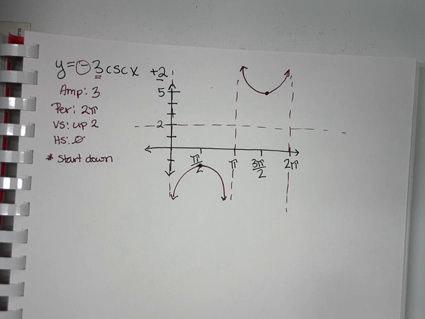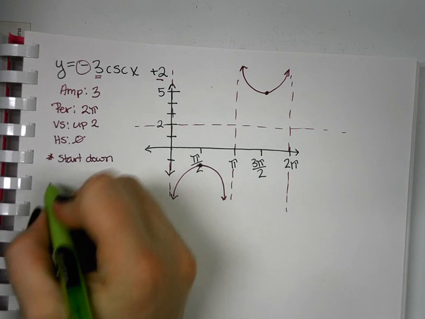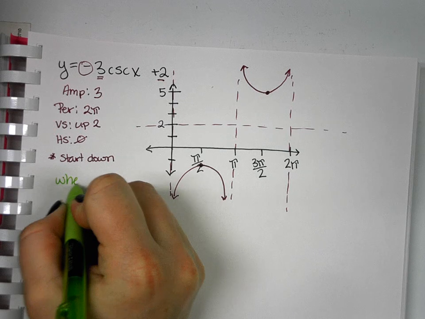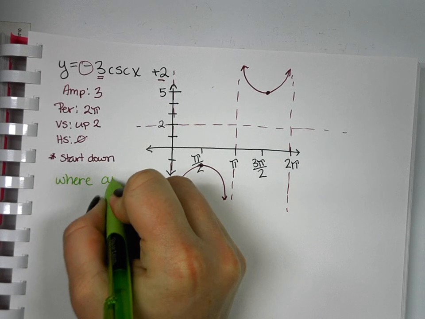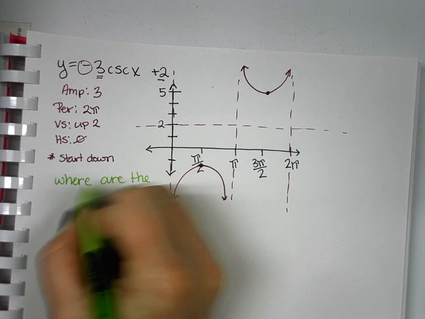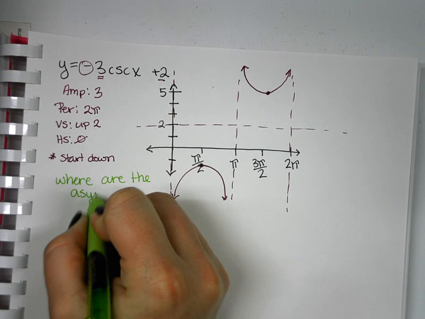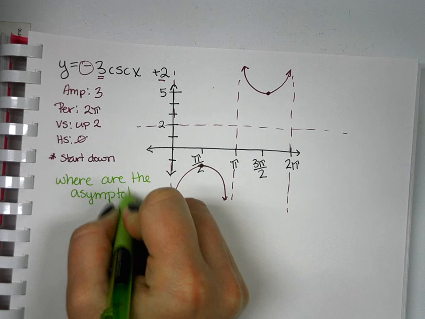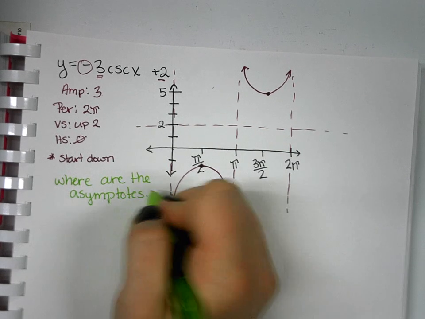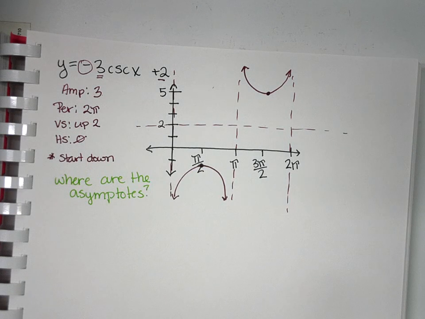So again, the key things you want to remember to graph a cosecant is where are the asymptotes for this graph, and that is beginning, middle, and end. Other than that, you just want to remember that your graphs will always go away from the horizontal, wherever that is.